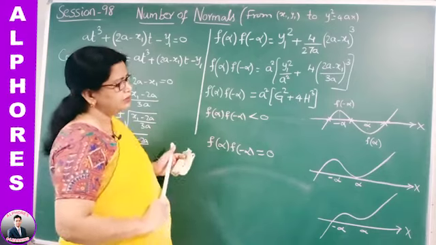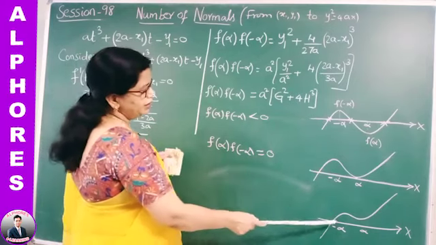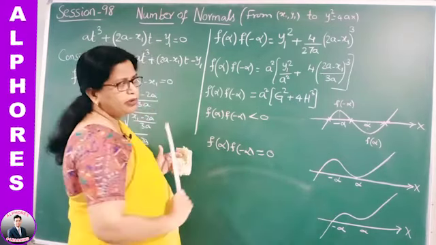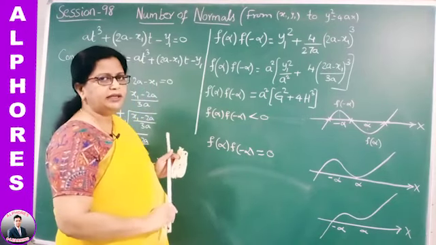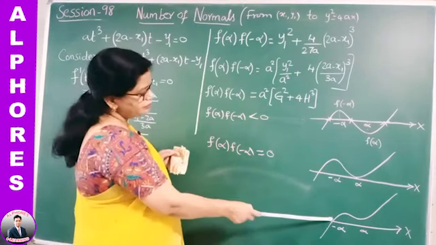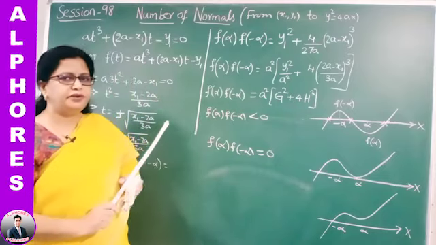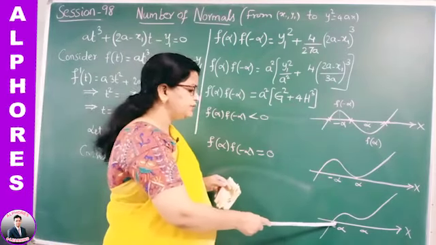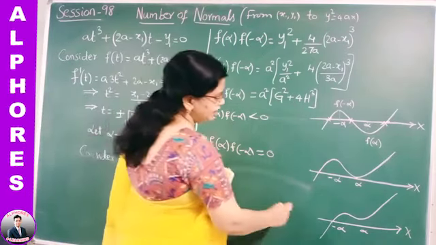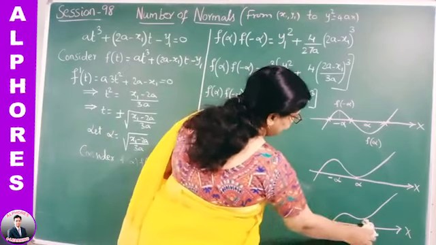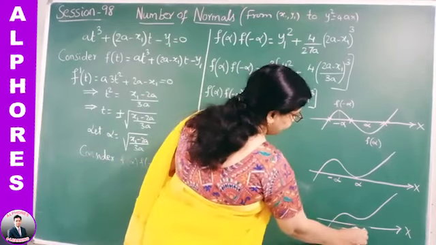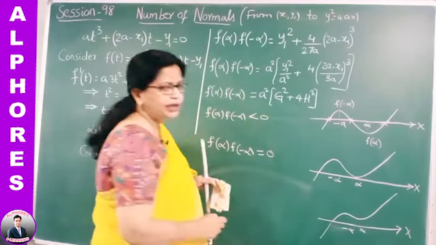Now again, you observe this is a cubic polynomial, so there must exist at least one real root, and this is the root you got here. Exactly at minus alpha you find the local maximum, and at alpha you find the local minimum.